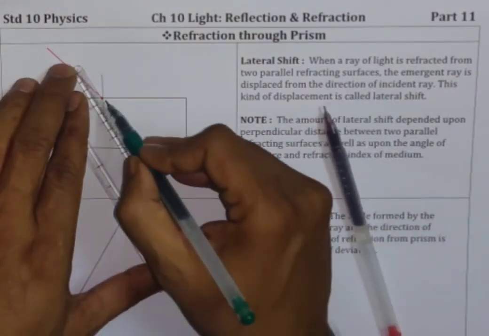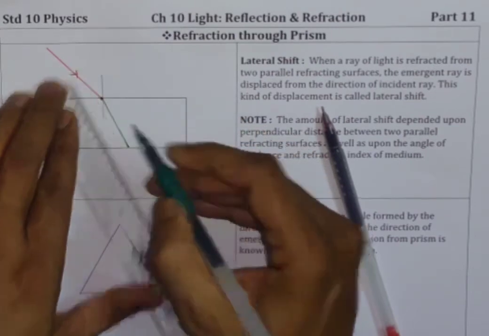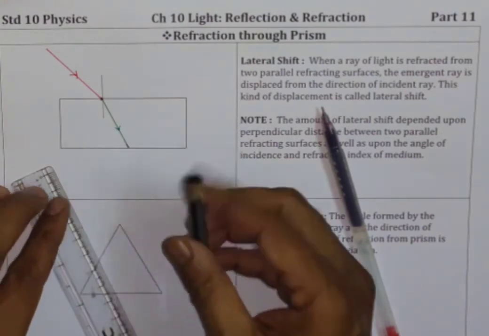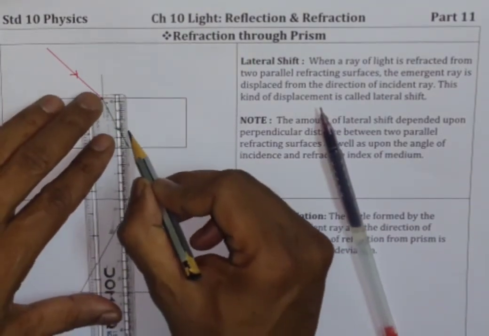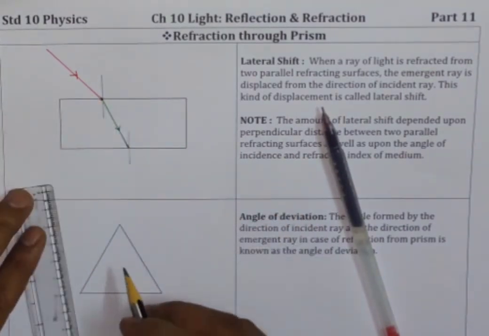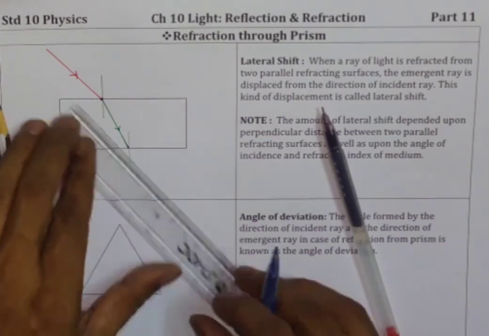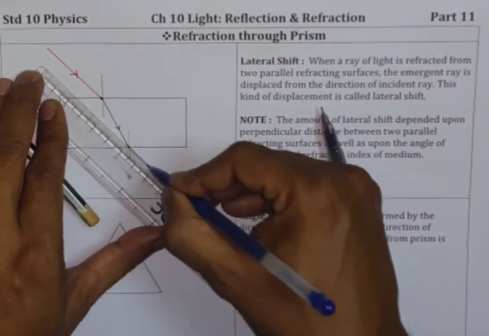It bends towards the normal, so this is the refracted ray. Now this refracted ray can be imagined as the incident ray in the glass slab. Now it will not travel straight, but it will bend away from the normal.